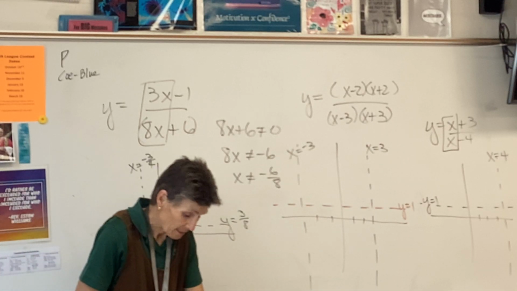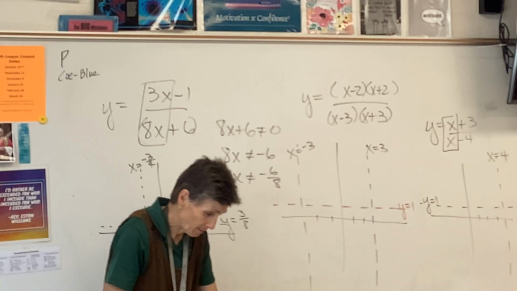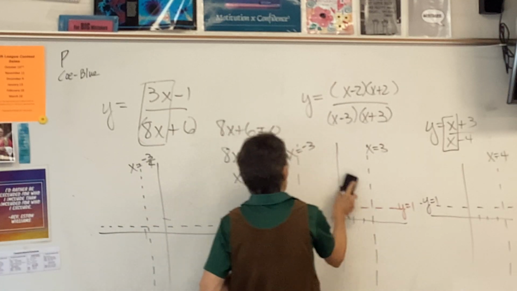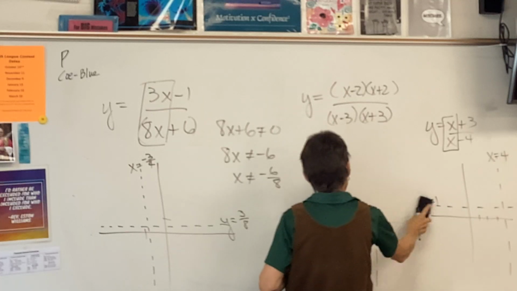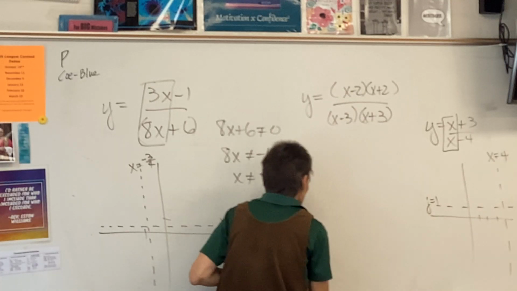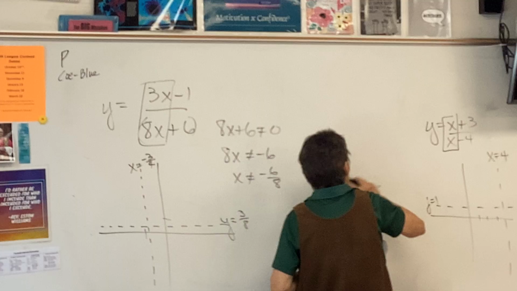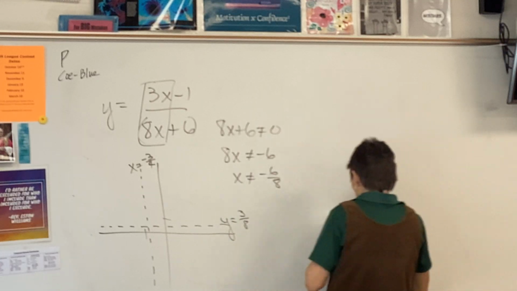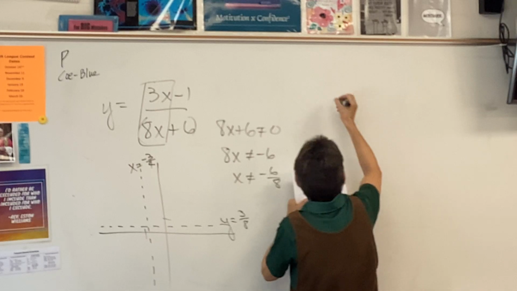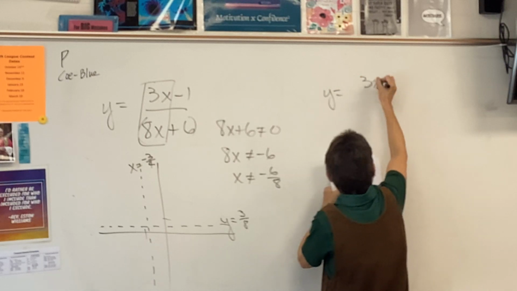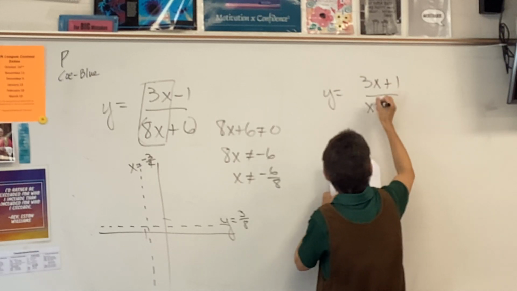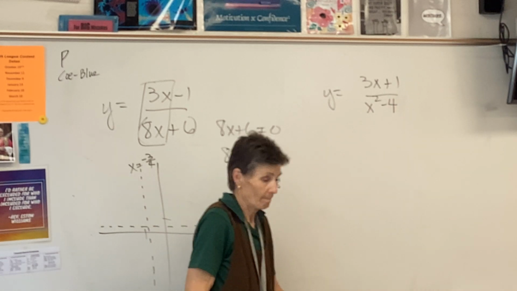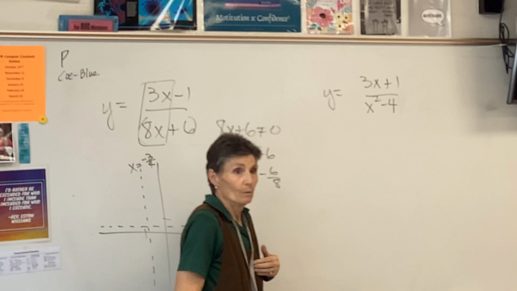All right, look at the next problem. I think you won't have any trouble, I hope, with the vertical asymptotes. Anybody want to take a guess about the vertical asymptotes? 2 and negative 2.